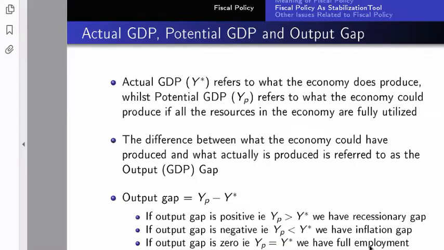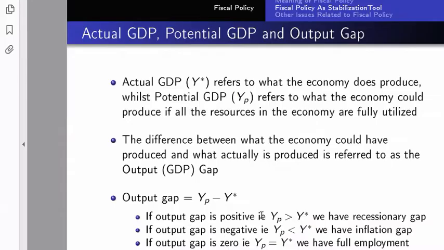But there are some instances where the potential may be greater than the actual, or the potential may be less than the actual. For instance, don't forget the output gap is the potential minus the actual.